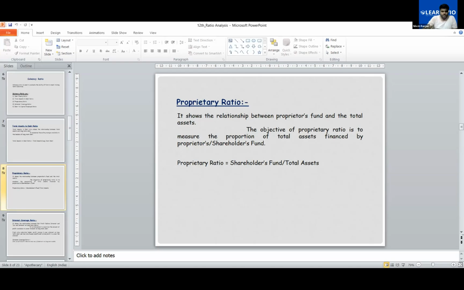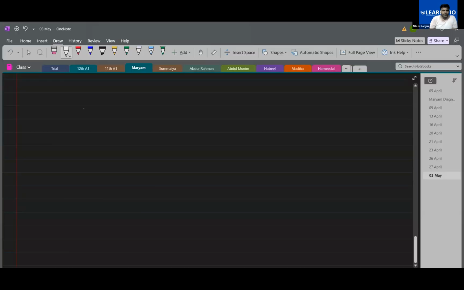So, generally, we assume the total assets of the firm, which include non-current and current, let's say it is 5 lakhs. We assume some part of it comes from our own capital and some part of it comes from borrowed funds that we take from a bank or other financial institution or debenture.